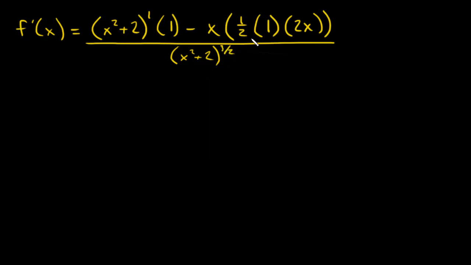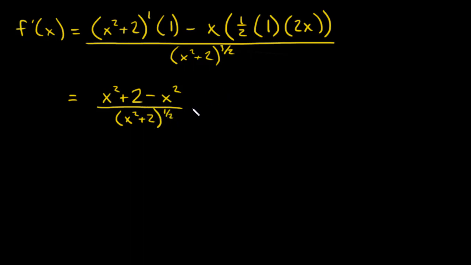Okay? So, now that I've got this ready to go, I can simplify this a little bit. So this is going to become x squared plus 2, and this is going to become x times 2x times 1/2, so the 2 and the 1/2 cancel. So this is just going to be minus x squared, and then over x squared plus 2 to the 1/2 power.